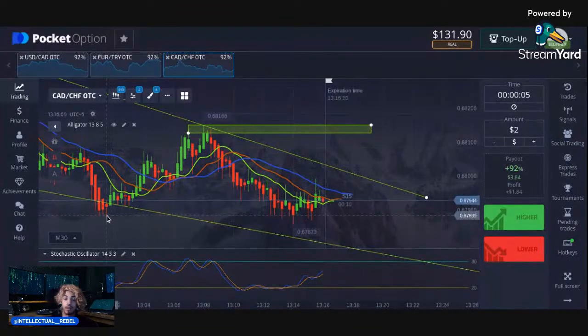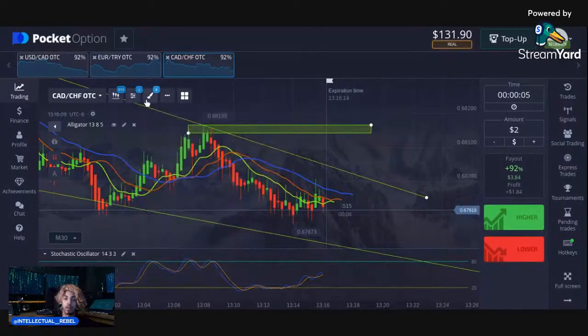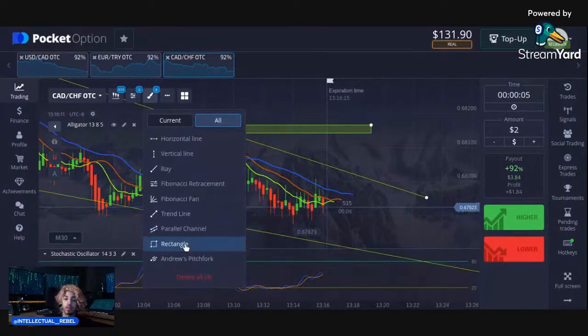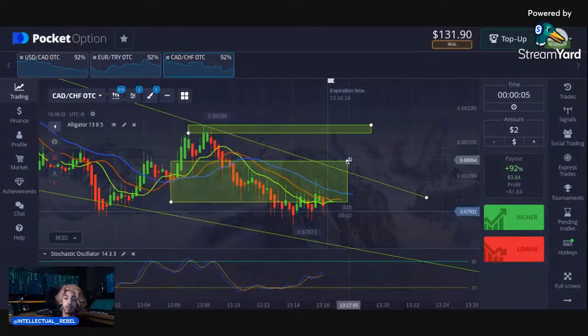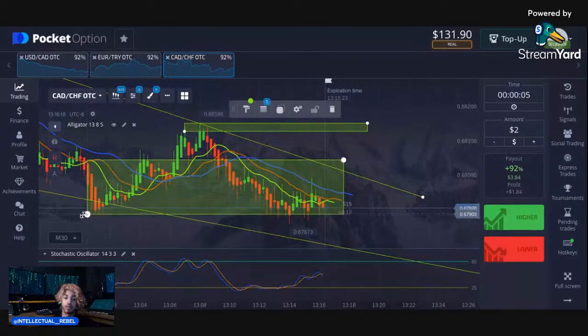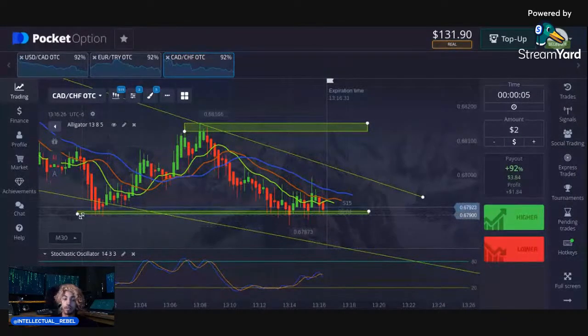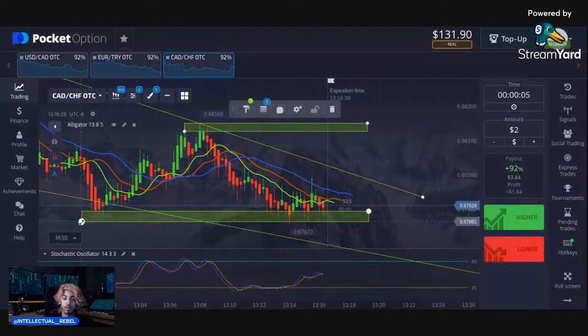Key point. This area is its low, I guess. So that's what it's testing right now. This area.